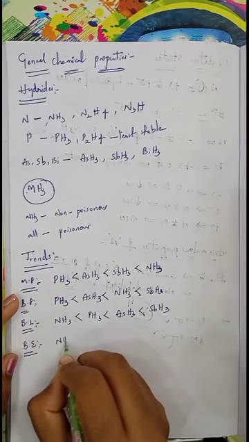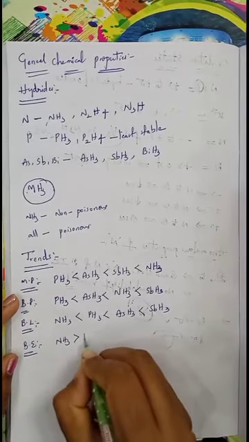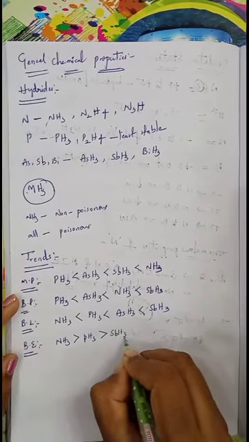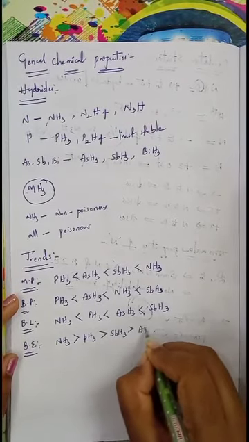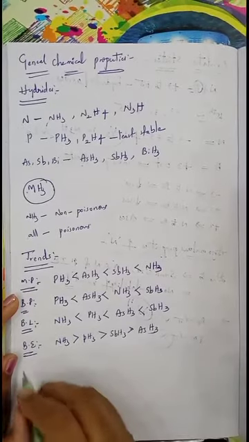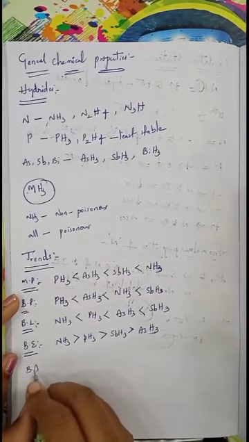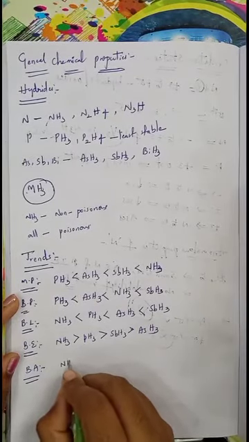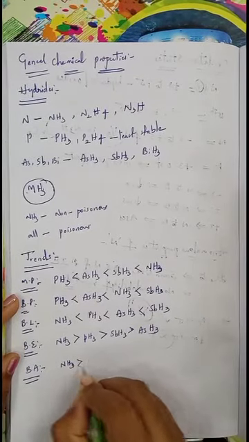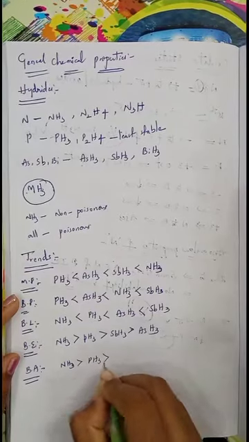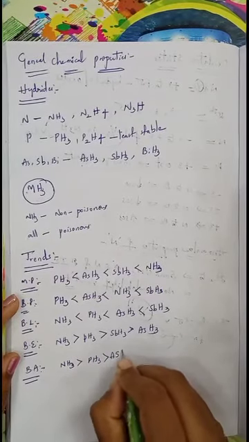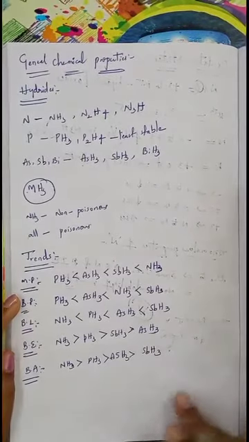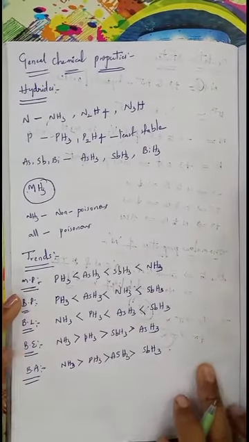Bond enthalpy is very high for ammonia, then phosphine, then arsine, then stibine. Next, bond angle. The bond angle of ammonia is more than phosphine, then arsine, then stibine. This is about the different trends.